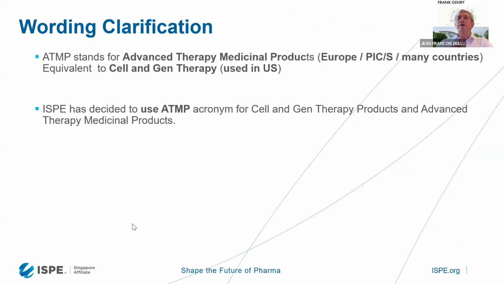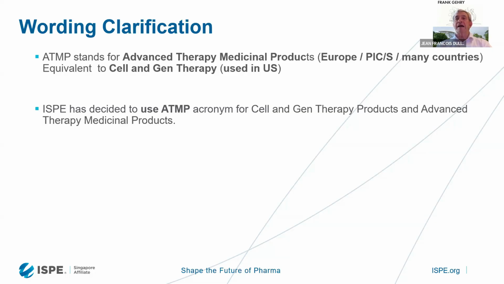Wording clarification. We have two types of wording for cell and gene therapy. In Europe, we use ATMPs, which stands for Advanced Therapy Medicine Product. This is used by Europe, PIC/S, and many other countries. It's equivalent to cell and gene therapy, which is mainly used in the US.